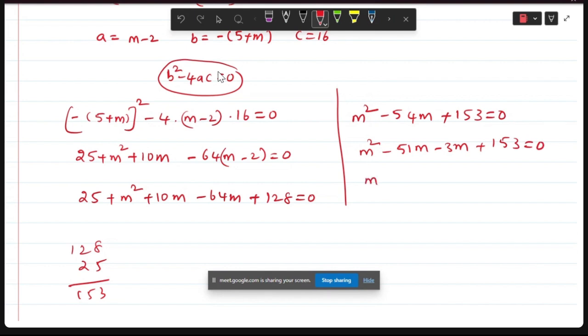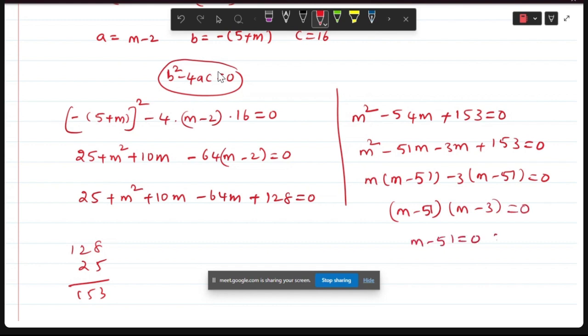Possible, check it. Then what is the m value? So m minus 51 into m minus 3 is equal to 0. Therefore m minus 51 is equal to 0 in one situation, and m minus 3 is equal to 0 in another situation. m is equal to 51 and m is equal to 3.